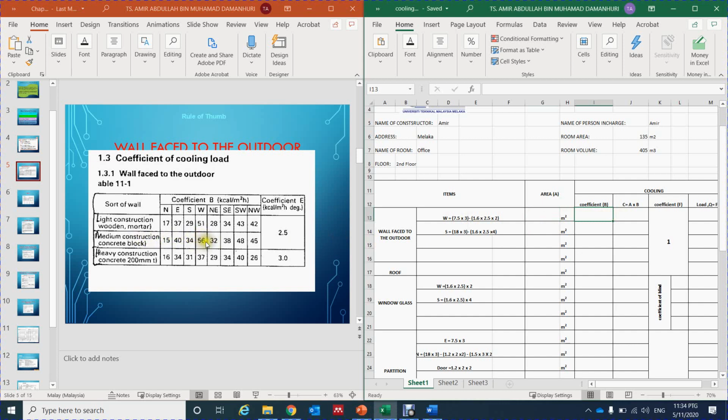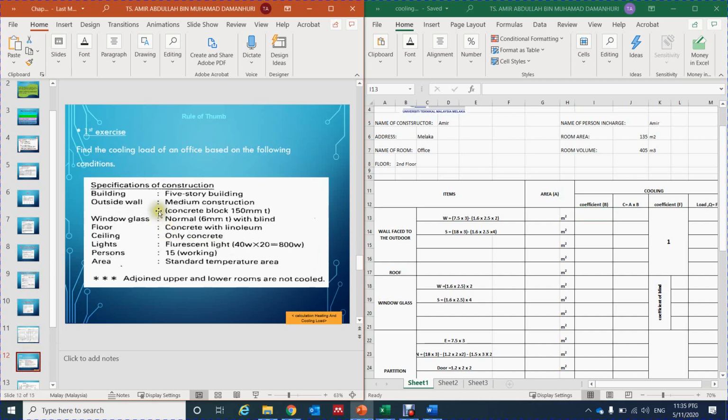So we put the value 56 here because it is on the west side, and it is a medium construction, referring to the building construction specification here. Outside wall is medium construction.